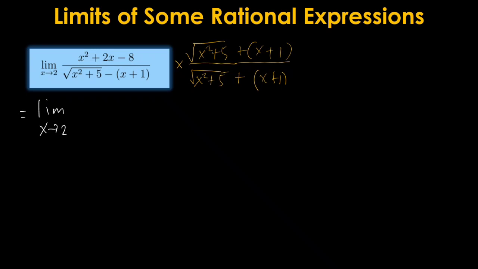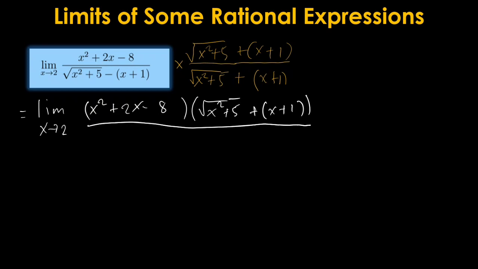For the numerator, let's copy it first. Here we have our denominator becomes, okay, if we multiply this term to this term, it will become a square, and the square of a square root, the square root will cancel out.